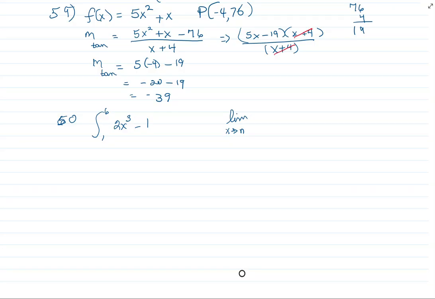We want sigma of n equals 1 to 6 of the limit of the 2x cubed minus 1. This changes to this. And we just stick it in the y equals. Okay. We're going to go y equals, going to enter it.